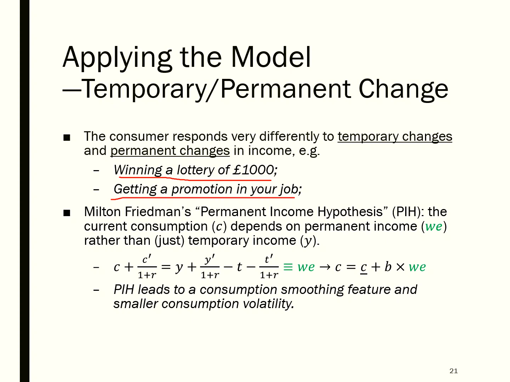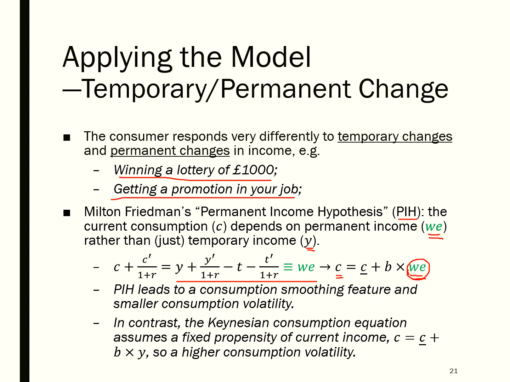If an explicit utility function form is given, the solution of the model should look like this. The current consumption C is equal to a linear function of wealth, WE. The hypothesis leads to a consumption smoothing feature because the permanent income is always less sensitive than the current income.